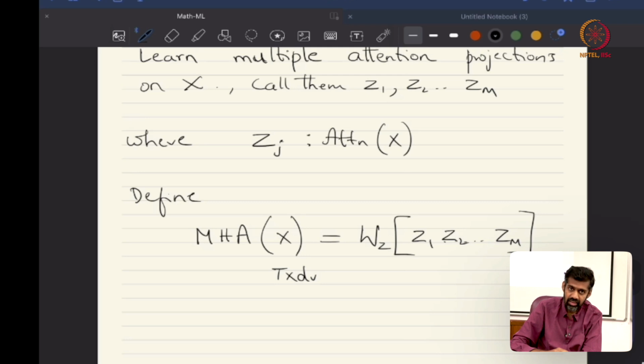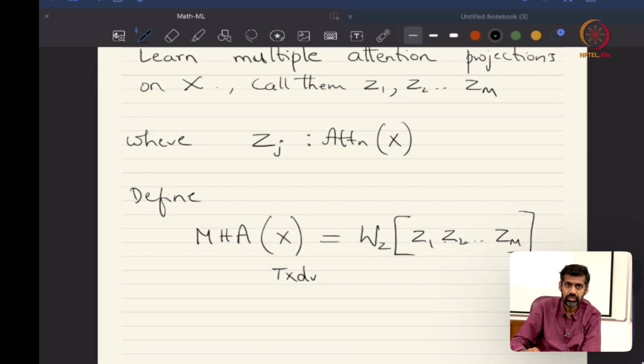All of these attentions are of dimension dV.